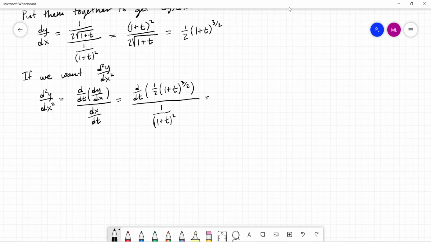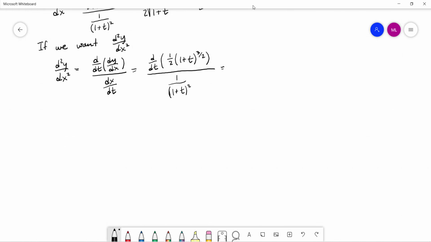And so our second derivative, taking the derivative of the numerator, this 3/2 will come down, and then we'll drop the power by 1, so we will get in the numerator 3/4. When I bring this 3/2 down times this 1/2, I'll wind up with 3/4 times 1 plus t to the positive 1/2 power, times the derivative, again, of what's inside, which is just 1, over 1 over 1 plus t squared.